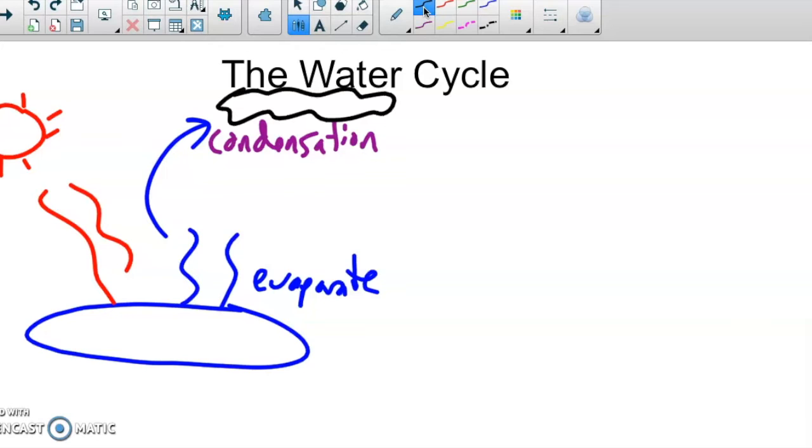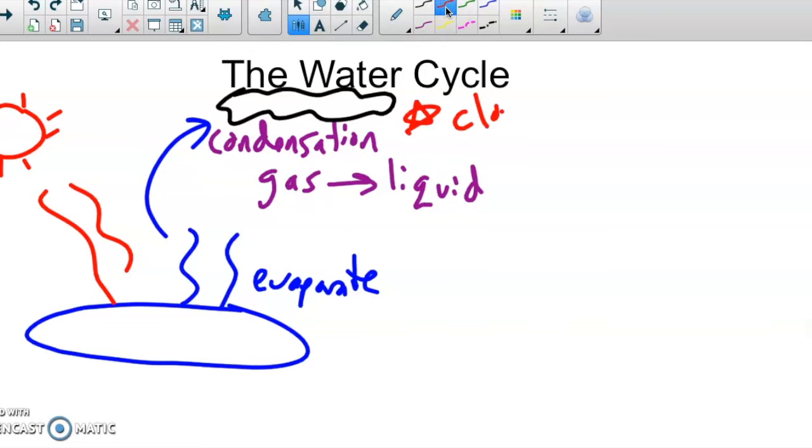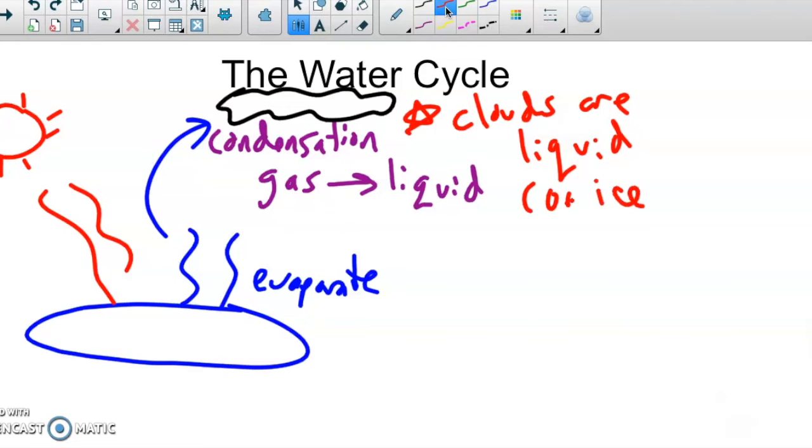And what is the definition of condensation? It's when a gas cools down enough that it turns into a liquid. Therefore, clouds are liquid. And if they're up high enough in the atmosphere, clouds could actually be made of ice particles as well.